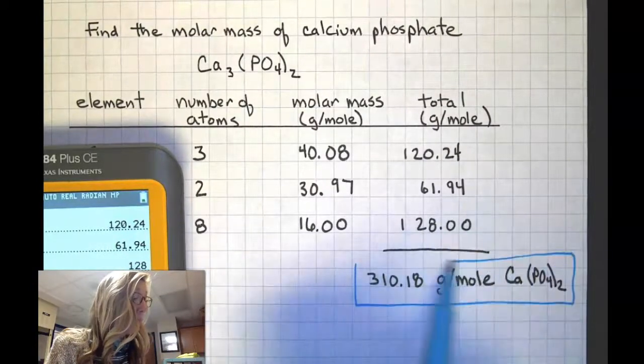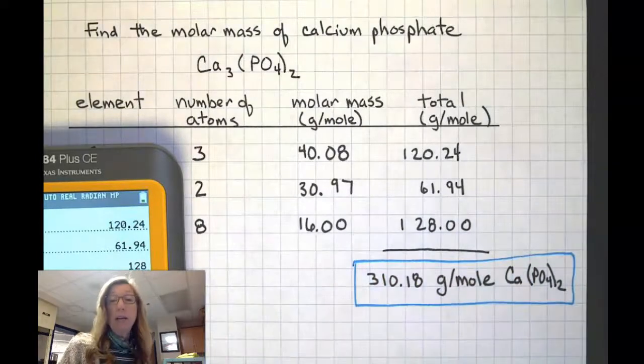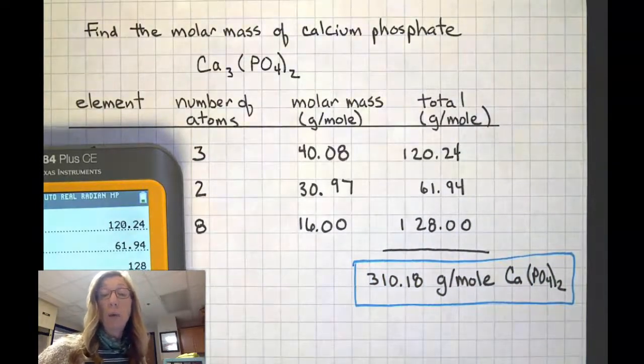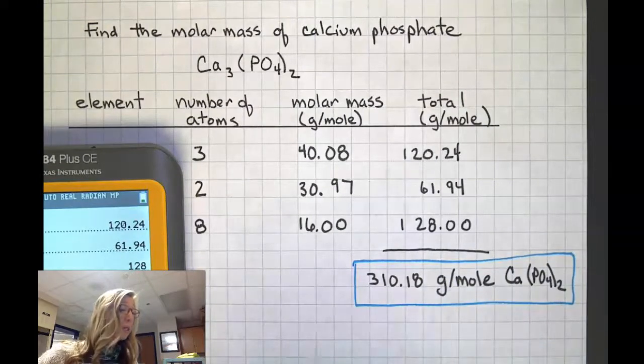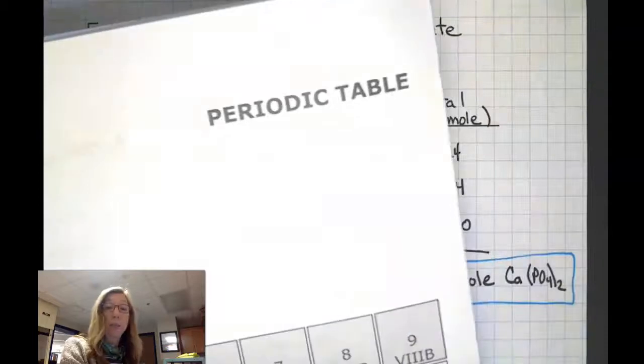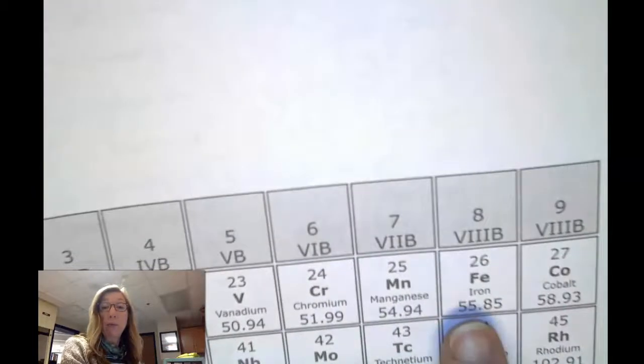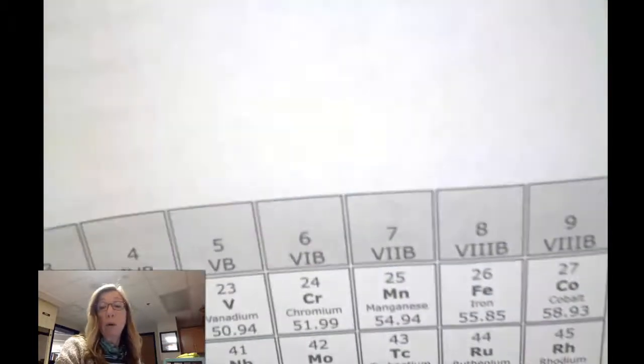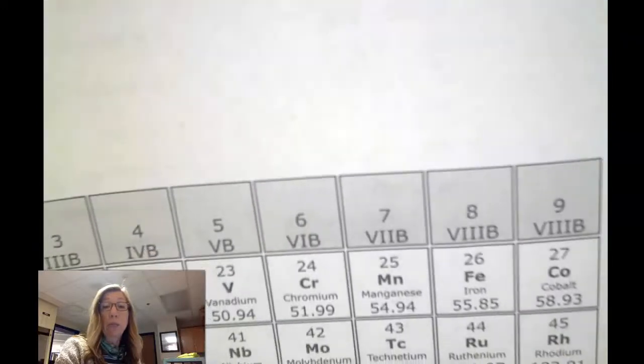The molar mass of calcium phosphate is 310.18 grams per mole. You usually will always round this to 2 decimal places. Most of the molar masses on our reference table are in 2 decimal places. Some of them have 3, but we will always round to 2 decimal places.